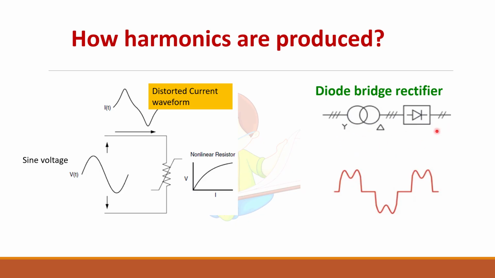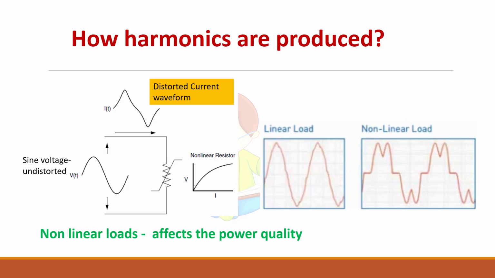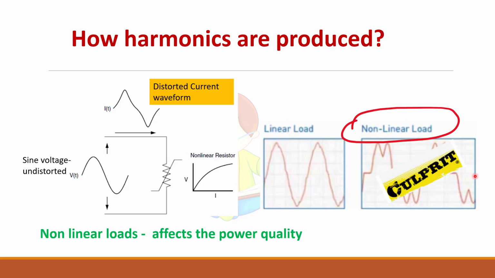This will completely change the phase relation between the voltage and current, and it will surely affect the power quality to a large extent. So we can say that this nonlinear load is the major culprit in introducing the harmonics into the system.